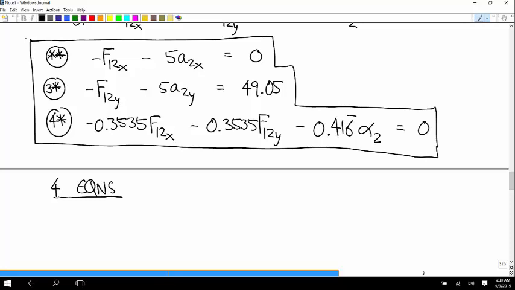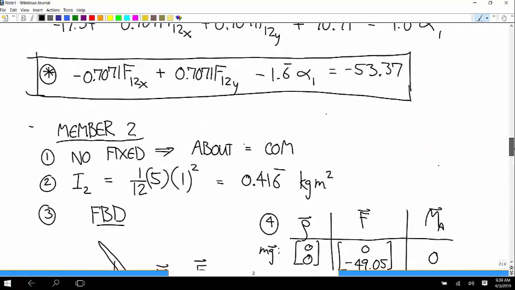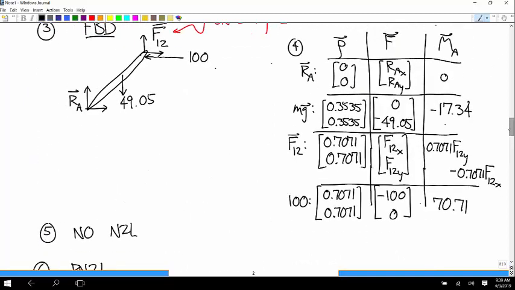And how many variables do we have? Well, here is something you have to be careful about. If you look at the free body diagrams, you would get the wrong number of force variables, because look at what happened with number 1.